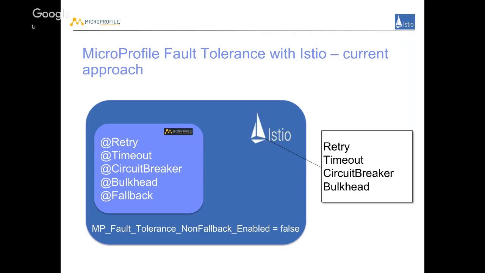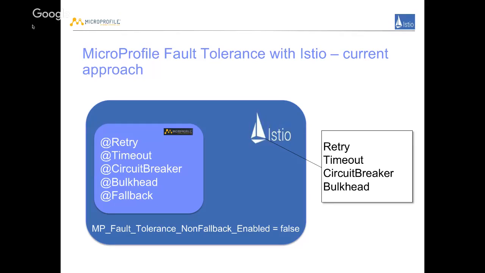We introduced the property called MP_Fault_Tolerance_NonFallback_Enabled. If you have MicroProfile fault tolerance in your application, you can automatically switch them off, except fallback, when you use Istio. You only need to put this property in your config map.